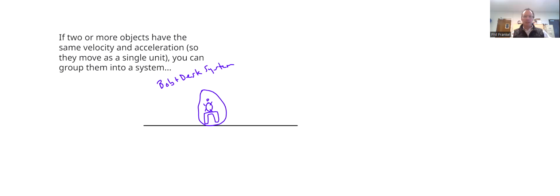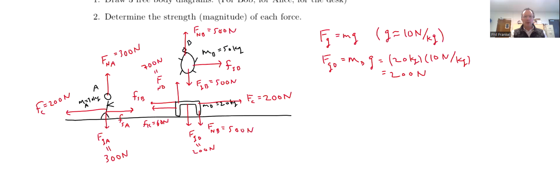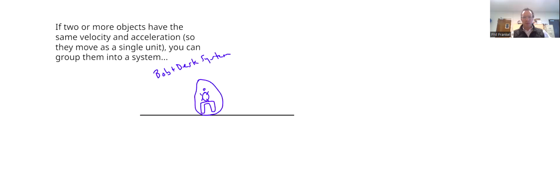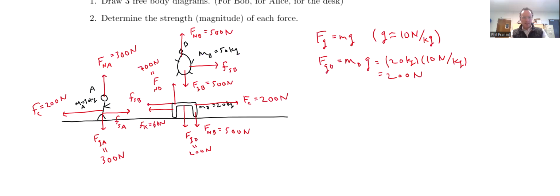And I'm actually able to do this because even though there are forces in the individual free body diagrams that I don't know, I know all the values of the forces acting on the Bob desk system. The force of gravity on the Bob desk system is just the combined forces of gravity on Bob and the desk, which are 700 newtons. The normal force on the Bob desk system is similarly 700 newtons. And recall that 700 newtons actually is the force being exerted upward on the desk by the ground.